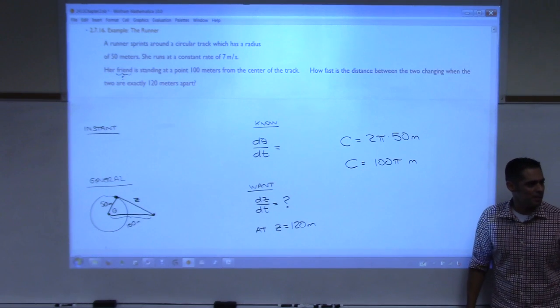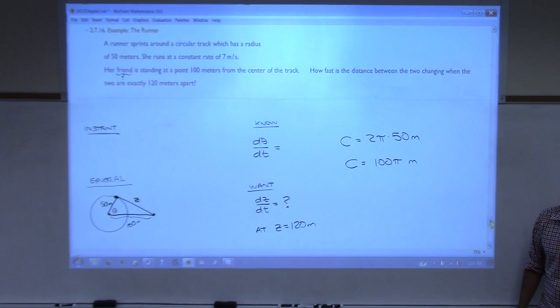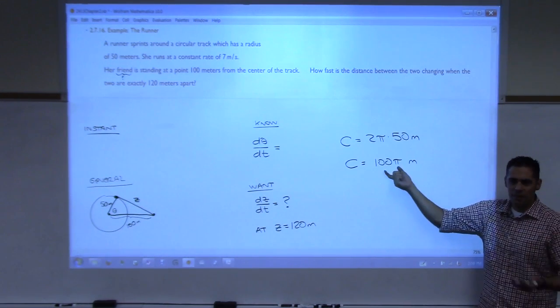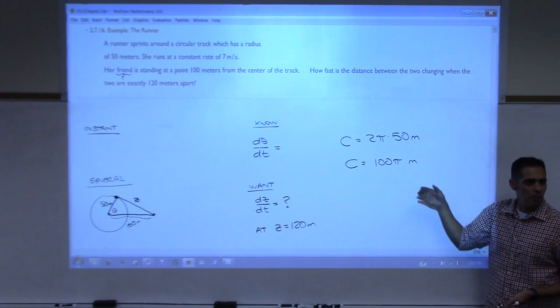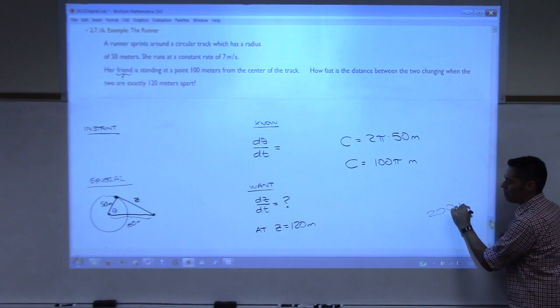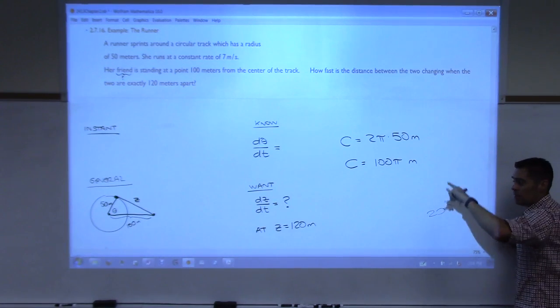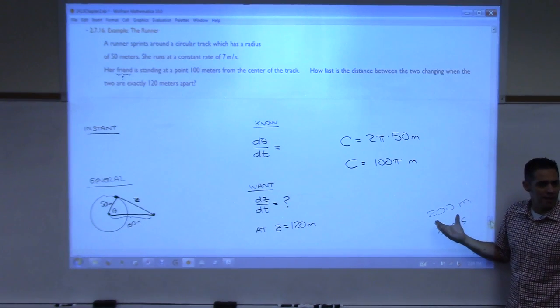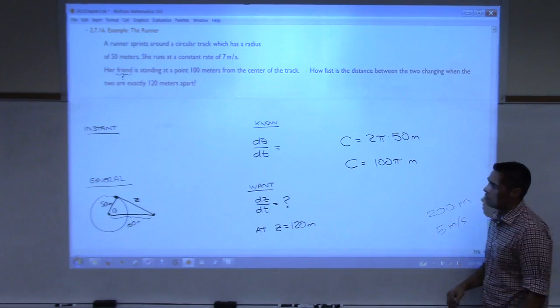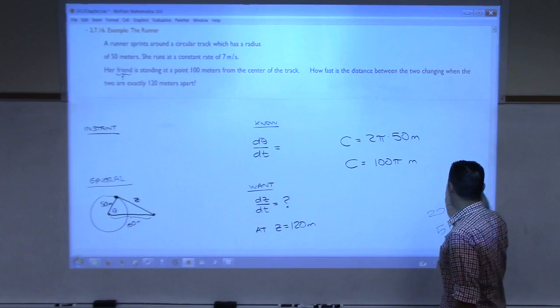Let's keep it exact. Let's not actually get a decimal. 100 pi over 7. It's this distance divided by 7. Just like before, if we have a 200 meter track around and I run at 5 meters per second, then you told me it was 40 seconds, right? Same thing here. I have a 100 pi meter track.